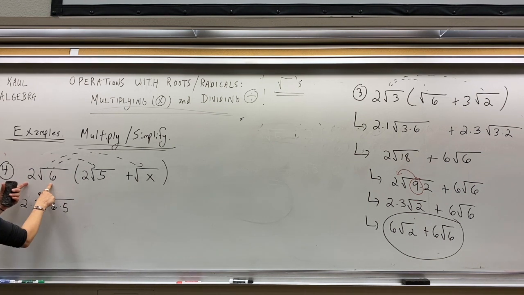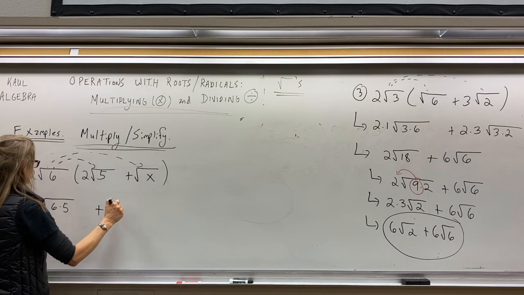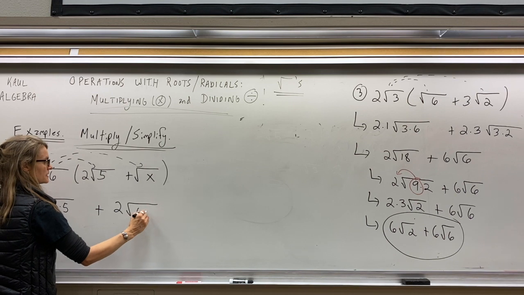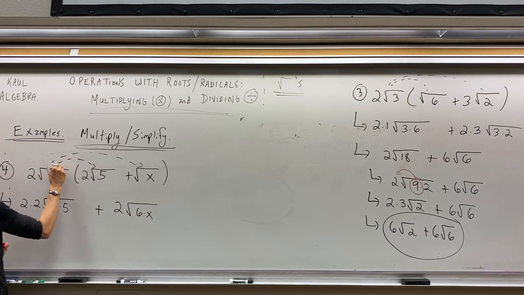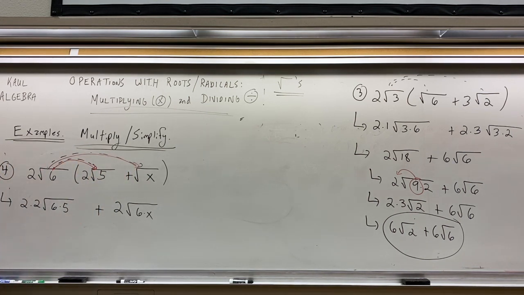Okay, so this term times this term with the radicals gives me this term, which I will simplify in my next step, plus, I'm going to say this term times this term, so this becomes 2 square root of 6 times x. Okay, so we multiply these two together, then we multiply these two terms together.